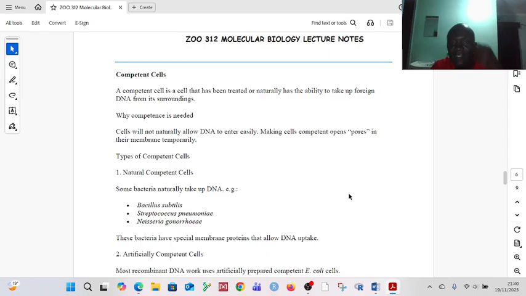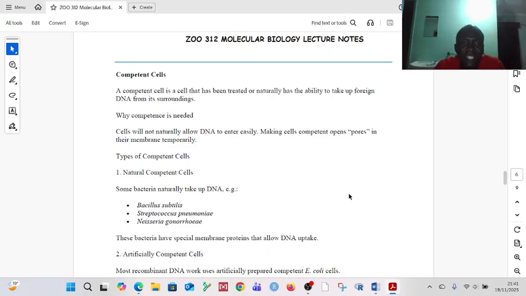That ability for the cell to take up foreign DNA from the surrounding can be attained either naturally or after that cell has been treated. So competence is the ability of a cell to take up foreign DNA.